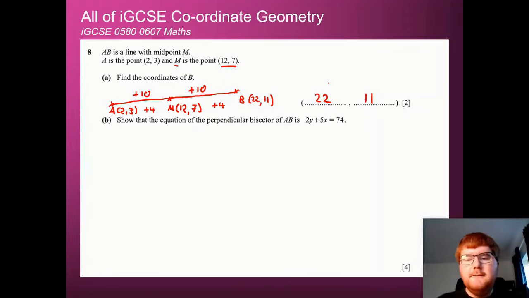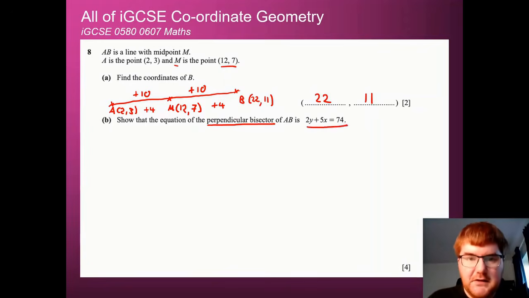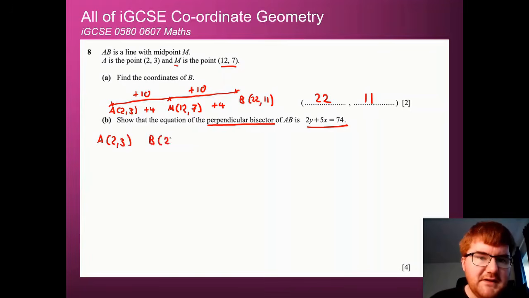And now, from this, somehow, we need to work out the equation of the perpendicular bisector, we're going to see this a ton in this particular video, is this equation over here. Right, so as soon as I see perpendicular bisector, I want to get everything set up. So remember, A again was 2, 3, and then B was 22, 11.